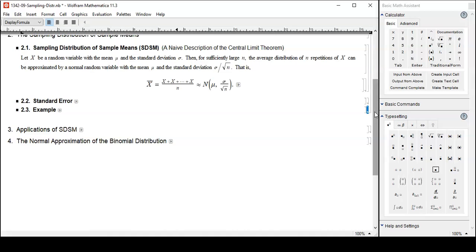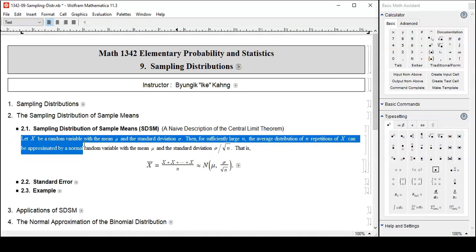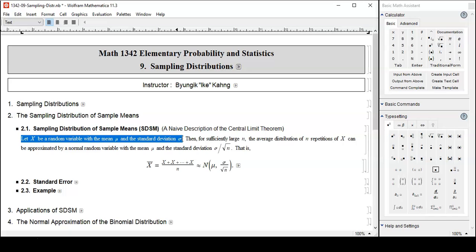Coming back to this central limit theorem, it does not matter where I start. No matter how outrageously complicated or outrageously simple this initial random variable is, if I take sufficiently many independent repetitions and take the average, then we can approximate that behavior using the normal random variable of the same mean mu and the standard error sigma over square root of n.